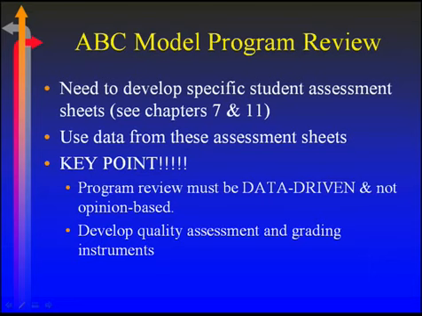The really critical point of all this is that the program review must be data driven and not opinion based. Use hard data to prove that your program is being successful or not successful. It's not whether all your students dressed out. It's did they meet the specific learning objectives, and you assess that student learning. So you need to develop quality assessment and grading instruments. Again, that's in chapters 7 and 11.